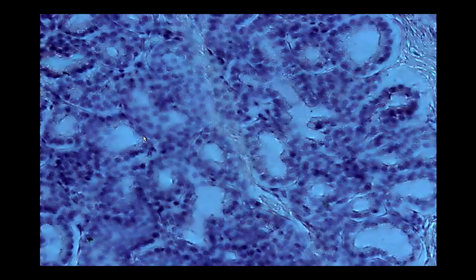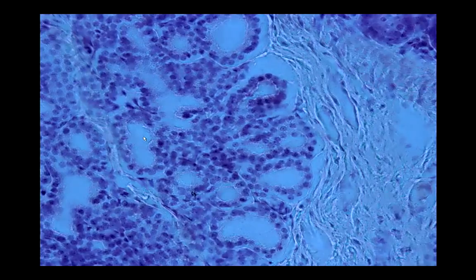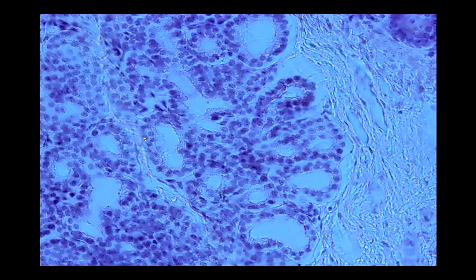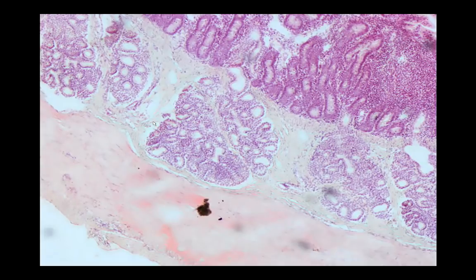They are similar to the intestinal glands, but this gland is not simple tubular. These are compound tubular by morphology.